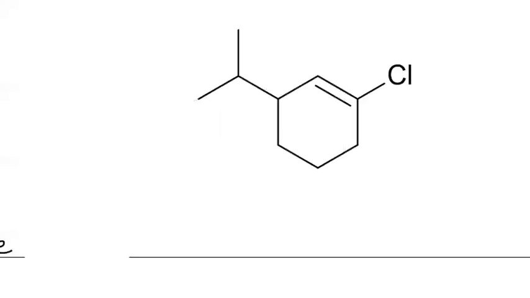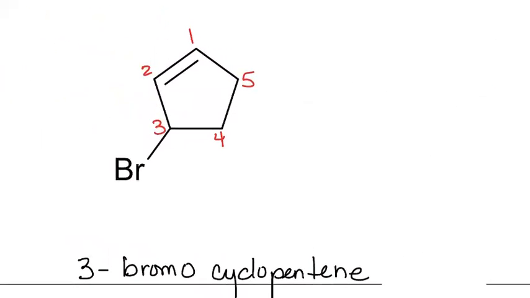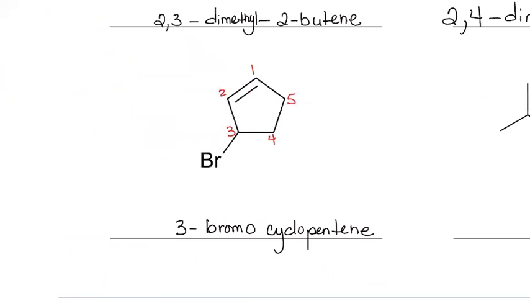So yes, in this case, we have to go counterclockwise because the substituent in the cyclic alkene needs to be the lowest number. If we go in the other direction, it will get a number of 5. In this direction, it will get a number of 3. Let me show that really quick. If we go 1, 2, 3, 4, 5. Bromo shouldn't be a 5 when it can be a 3.